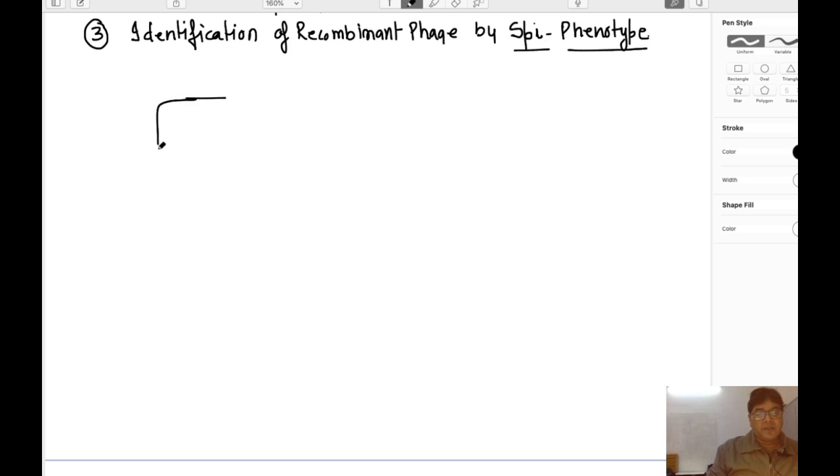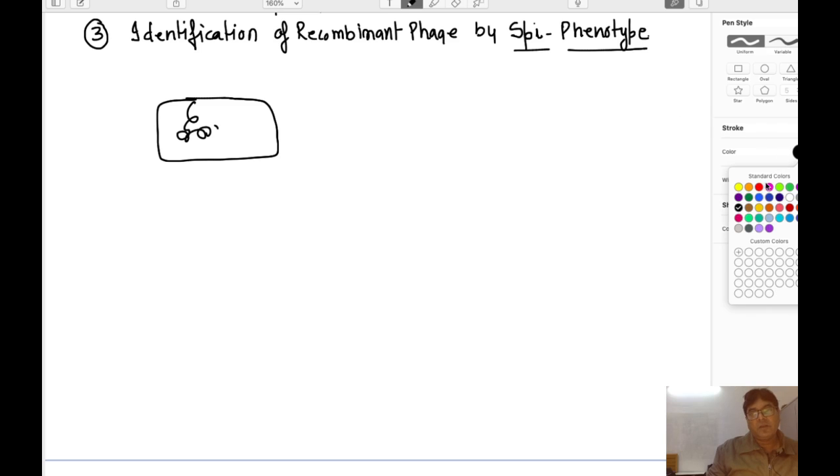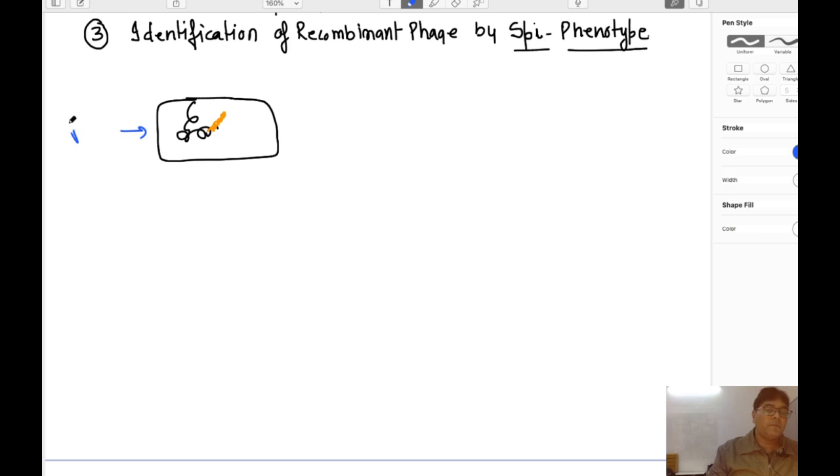Suppose there is a bacteria, and this bacteria is infected by a phage, and this is the DNA of the phage. This bacteria is infected by a P2 lambda phage, a special strain.